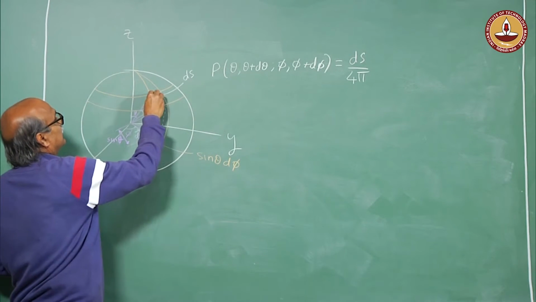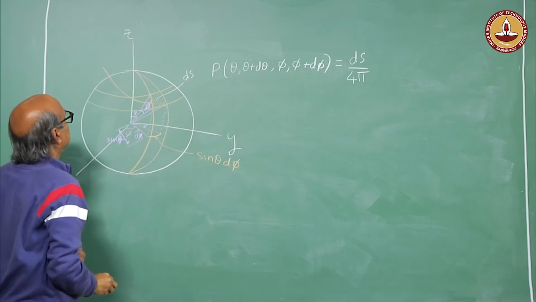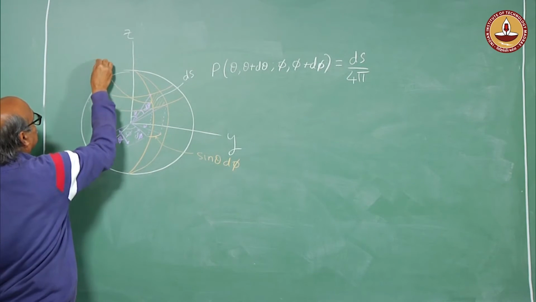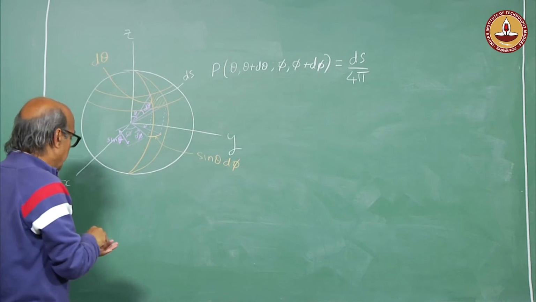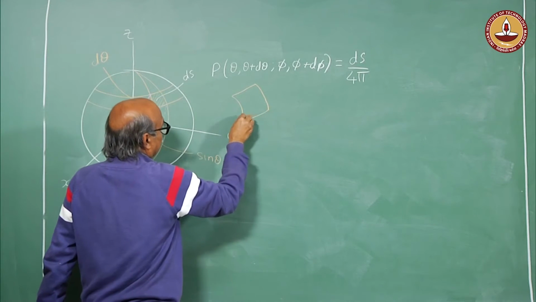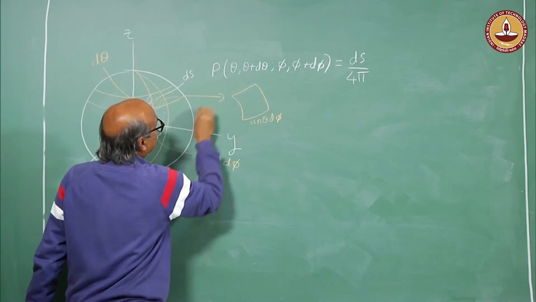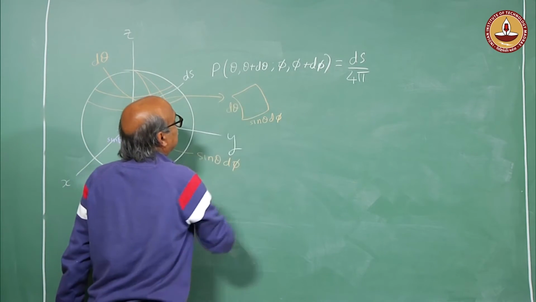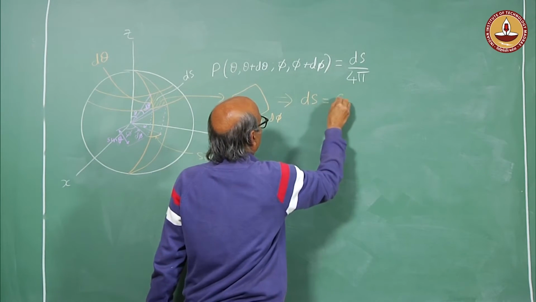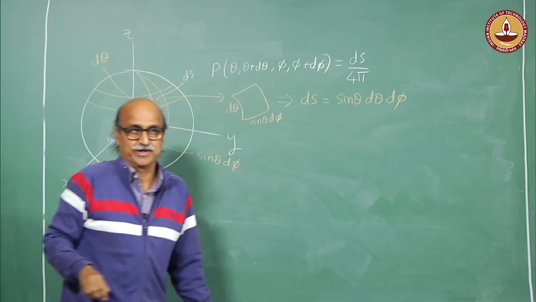What about this length here? This length would be nothing but r d theta. R is 1, so this length is d theta. So, if I draw this element separately, this is sin theta d phi and this is simply d theta. Hence, ds is equal to sin theta d theta d phi.